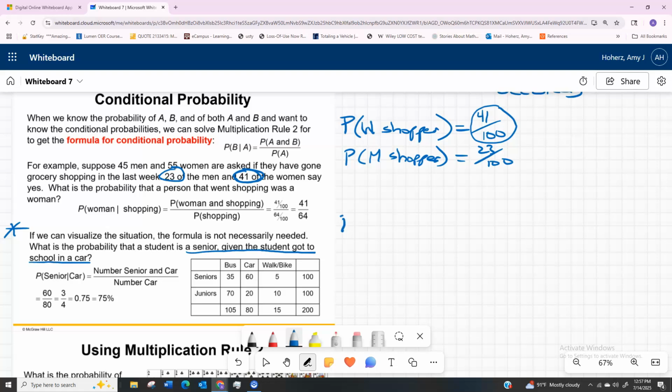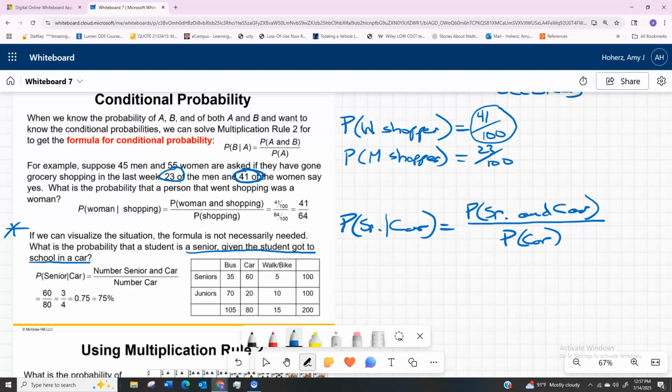Okay, so probability senior given car. The formula would say, what's the probability that they are a senior and they rode in a car, divided by the probability that they're someone who gets to school in a car.